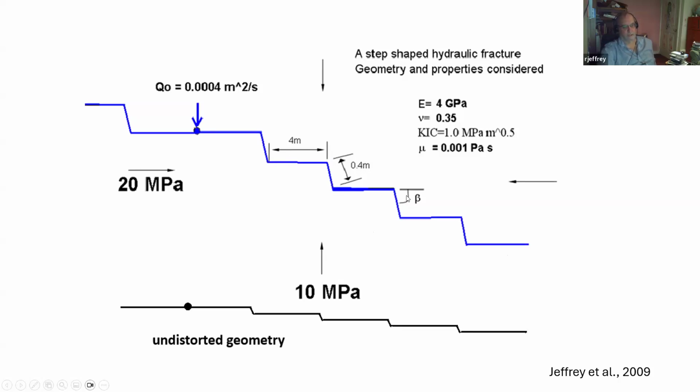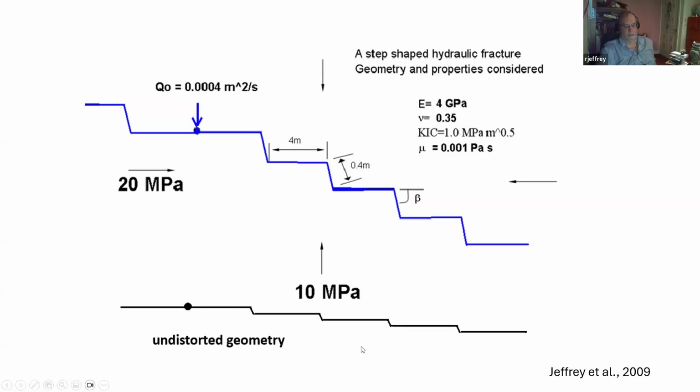And we put a number of those in and varied the angle that they existed at and ran those through Shi Zhang's 2D hydraulic fracturing model based on displacement discontinuities. This model considers viscous fluid flow, and frictional sliding contact interactions and propagation with fluid lag and fracture toughness considered.